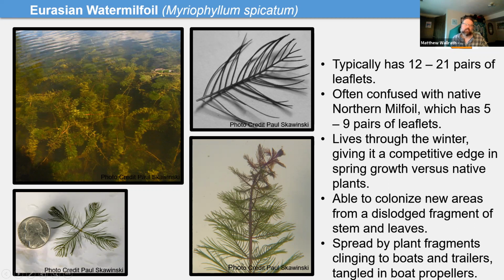You can see these infestations, and this is why we want to clean our boats off. We don't move this stuff around. We want to know where it is. And if we see this in a lake where it's not reported, let's let people know so we can control it when it's young, if possible. Otherwise, we have to manage for that so it's not spread around to other nearby water bodies.